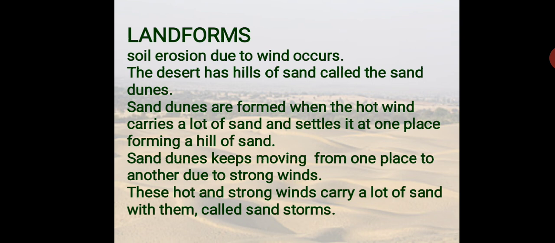Sand dunes keep moving from one place to another due to strong winds. It is not that, beta, where the sand dunes are formed that is permanent over that place. No. Sand dunes actually keep on moving from one place to another due to strong winds.